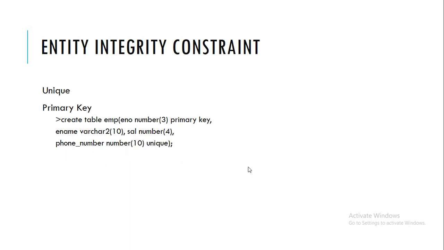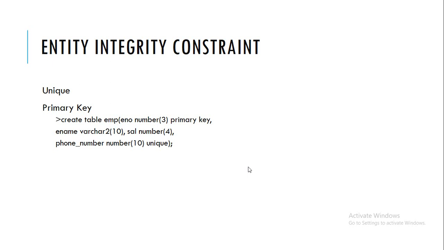Then comes the entity integrity constraint. Each entity in a database is represented by a table, and each row of the table represents an instance of that entity. So in this one, the unique constraint is there, and the primary key constraint is there.